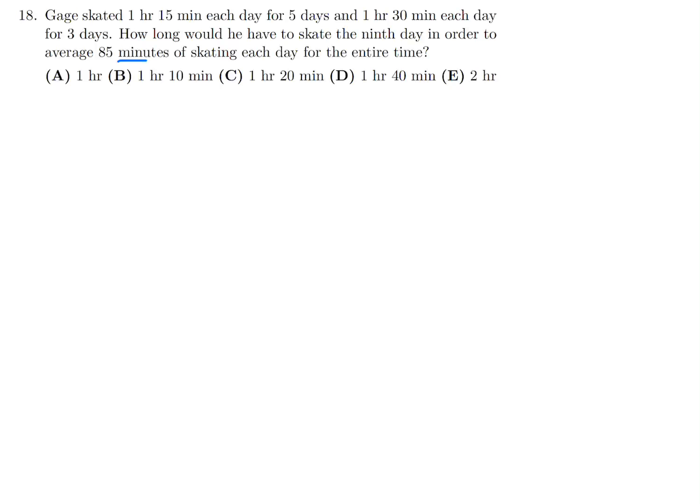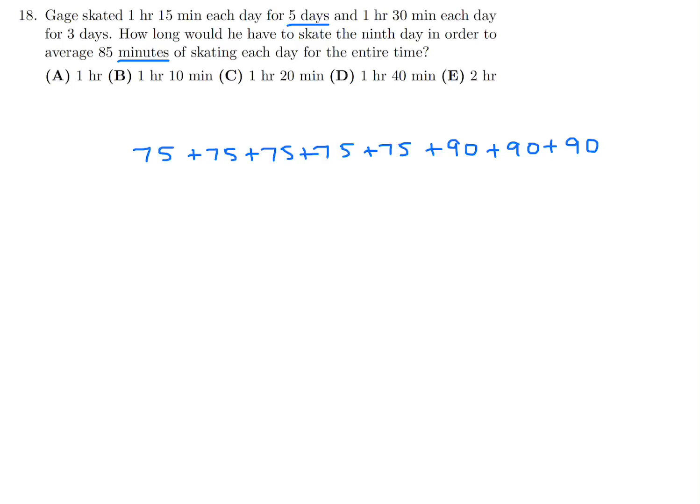So let's convert this all to minutes, since probably it's a little bit easier. So 1 hour and 15 minutes is 75 minutes, and he did that each day for the first 5 days. So 75, 75, like that. And then the next 3 days, he skated for 1 hour and 30 minutes, so that's 90, 90, and 90.